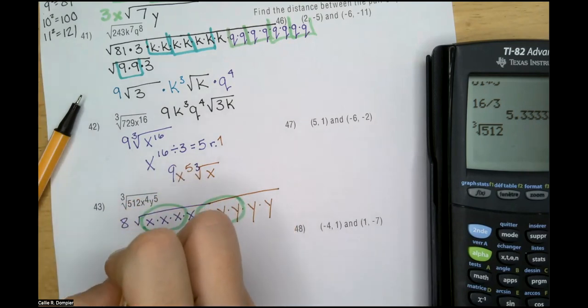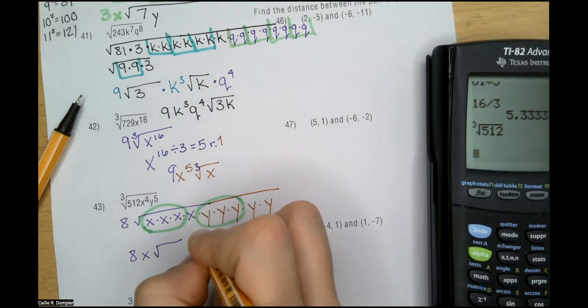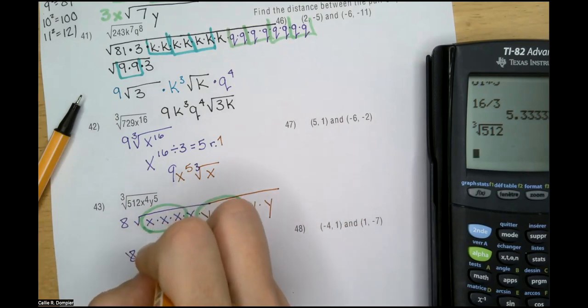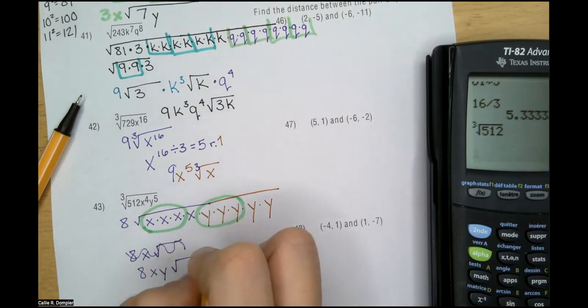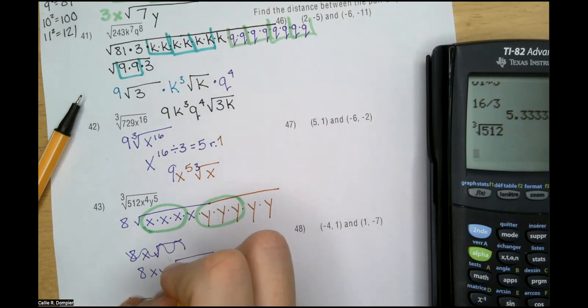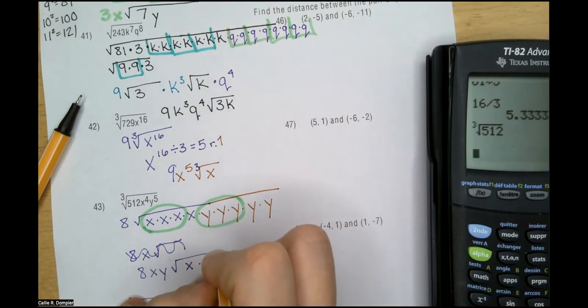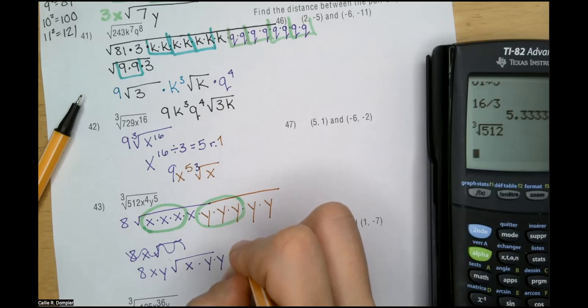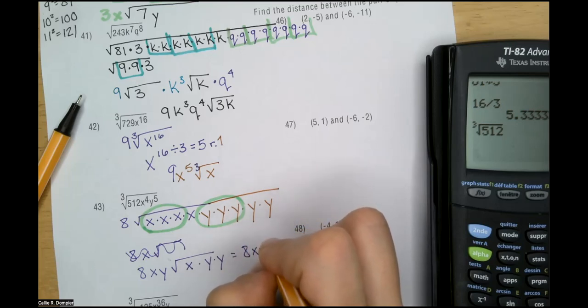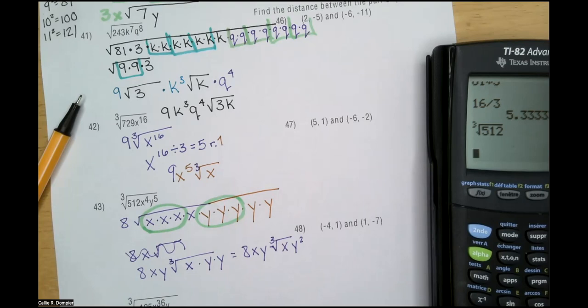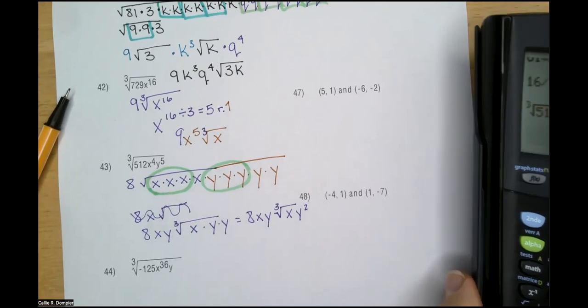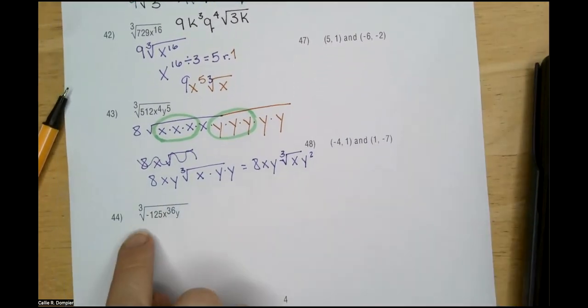So that's 8xy. I didn't leave room for that y. And then there's a remaining x, a remaining y, and a remaining y, but you need to put that into y squared. So it's 8xy cube root of xy squared. Because y times y becomes y squared. Good. All right, last one, and then we'll do 3 distance formula examples, and we will be done.